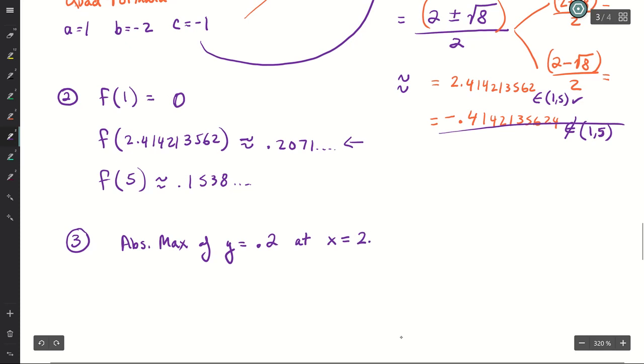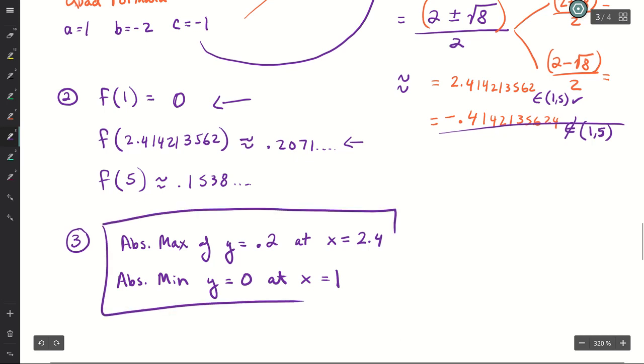If we round to the nearest tenth, it'd be 2.4. And then absolute min, looks like the smallest of the values is going to be 0. So we say y equals 0 at x equals 1. Okay, so we've got these as the answers here.